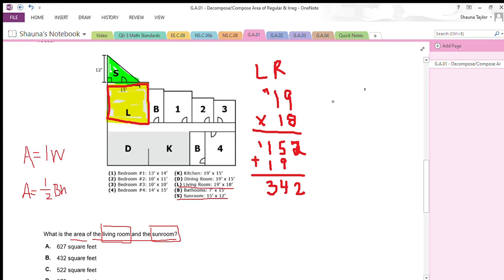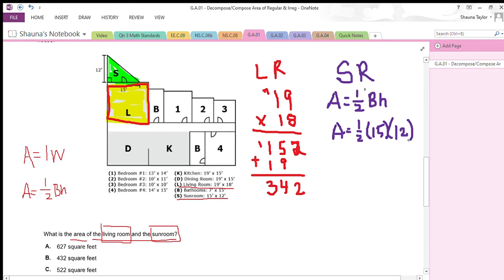Maybe I should write it over here. Sunroom, SR. So all I'm doing is using the formula. One half, and it says 15 times 12. Now just cut one of your numbers in half.